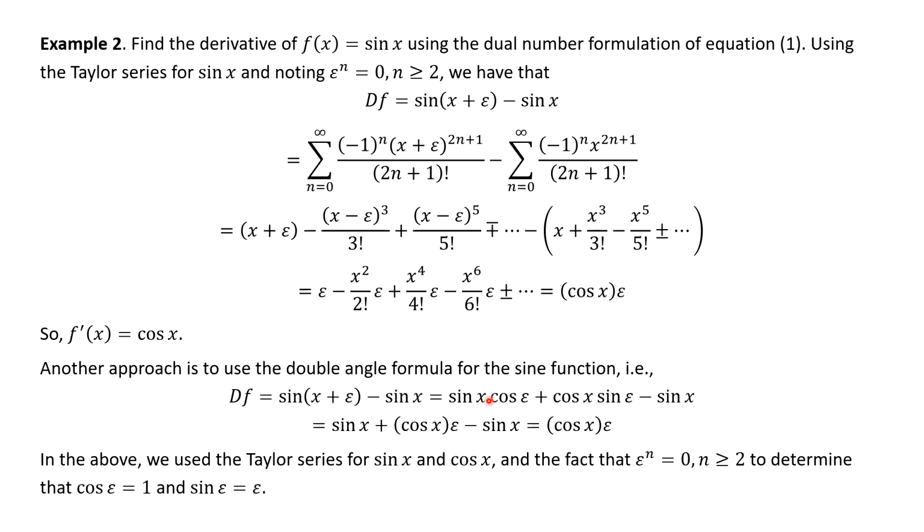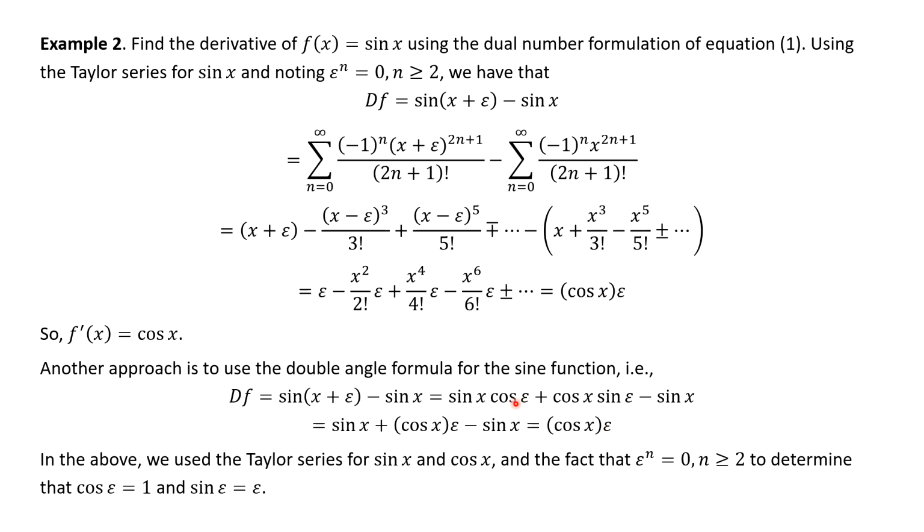It turns out this first term is just sine x because the cosine of epsilon is 1. And then for the second term, the sine of epsilon is epsilon. So you just get cosine x times epsilon, and then you have minus sine. The sines cancel, and you get cosine x times epsilon. So you get the same answer again.